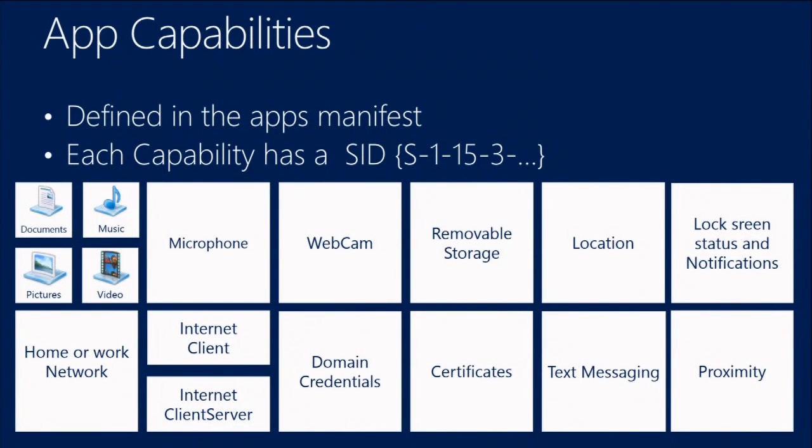Now, an application running in an app container cannot access any resource on your system unless the developer made sure that it got the correct app capabilities. An app capability is, for instance, having access to your microphone, but it's also getting access to your internal network or getting access to the internet.